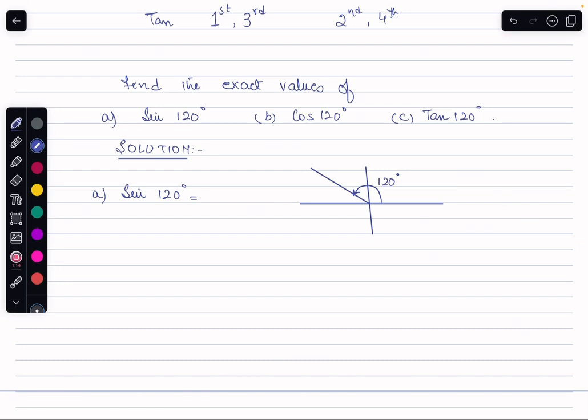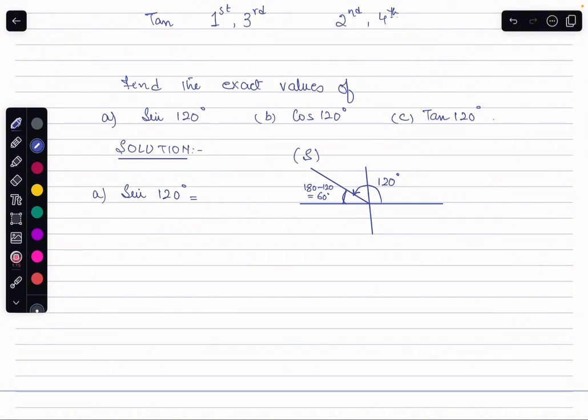So if this angle is 120 degrees, then the basic angle is going to be 180 minus 120, which gives me 60 degrees. So this is going to be my basic angle. If I relate the general angle to the basic angle, and it's in the second quadrant, I can simply say that in the second quadrant my sine is positive. Sine here needs to be positive, ASTC.